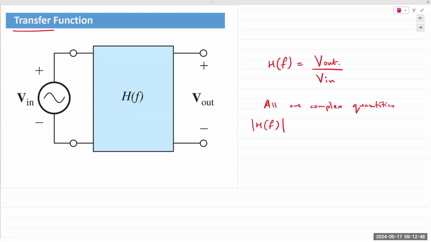So H of F has magnitude and it has phase. It basically describes the operation of that circuit. That circuit is going to be a sealed box to us.